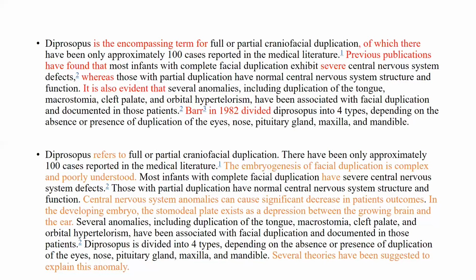Having the relevant information is more important than making it long with just random information here and there. Here I added a sentence about the central nervous system and how it can cause a significant decrease in the patient outcomes. Although it's fine to include it, this does not fit with the whole introduction. Why?